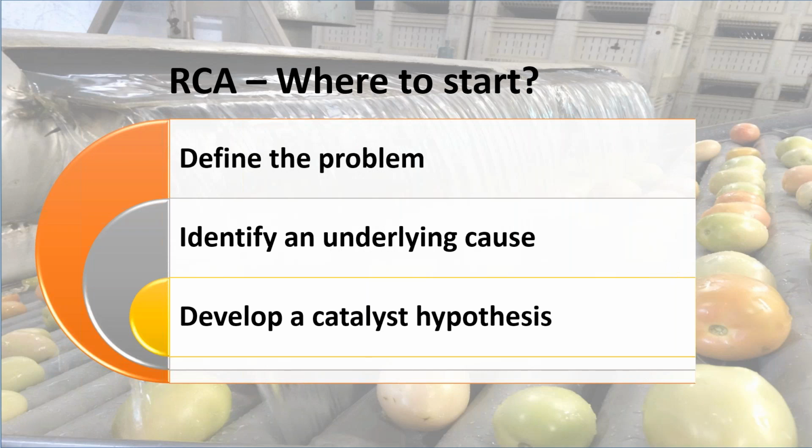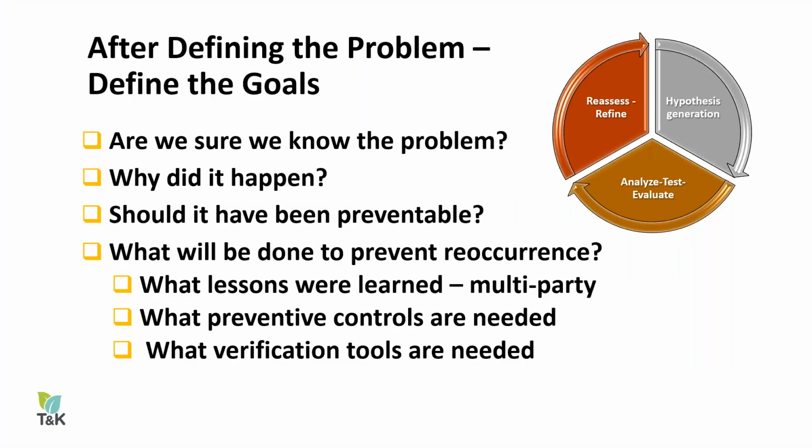But it really comes down to defining the problem, making an informed guess to identify an underlying cause, which really leads to your hypothesis generation, or developing at least a starting point, catalyst hypothesis. And as you start to define the problem, you also want to start to define the goals. Are you really sure what is the nature of the problem we want to get at?